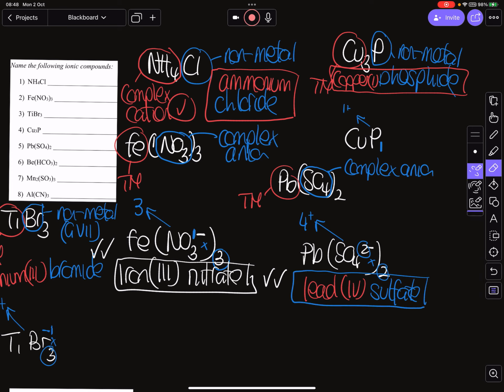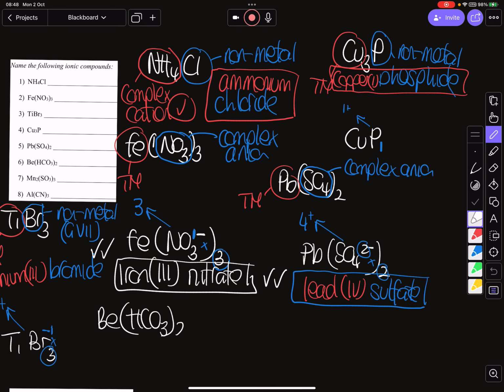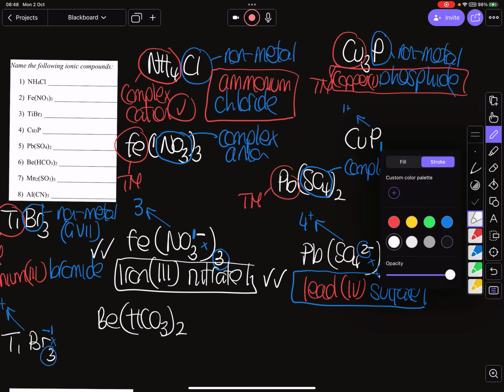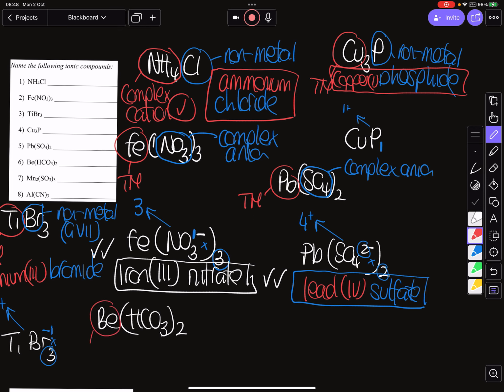Our next one that we're looking at is Be(HCO3)2. So we know this is just a metal and it's from group 2, so it's just going to retain its name, no variable valency, so it's going to be beryllium.